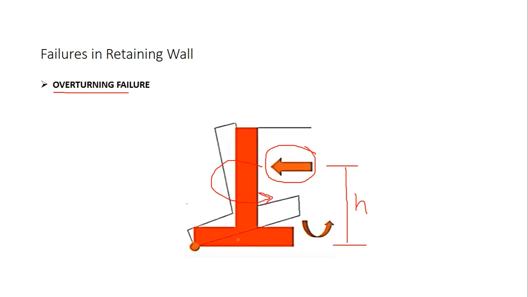Orange color is the original position and this is the new position. You can see it is lifted about this point, it is overturned about this point. The overturning is actually prevented by another moment which is known as the resisting moment, which we will deal with in the upcoming sections.